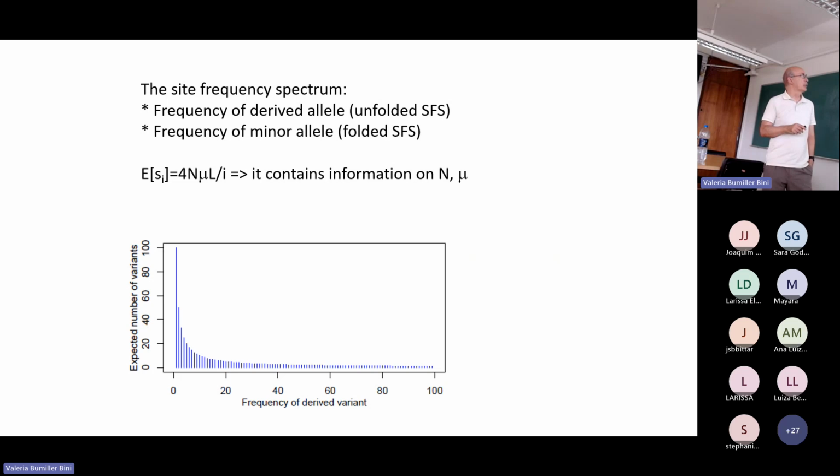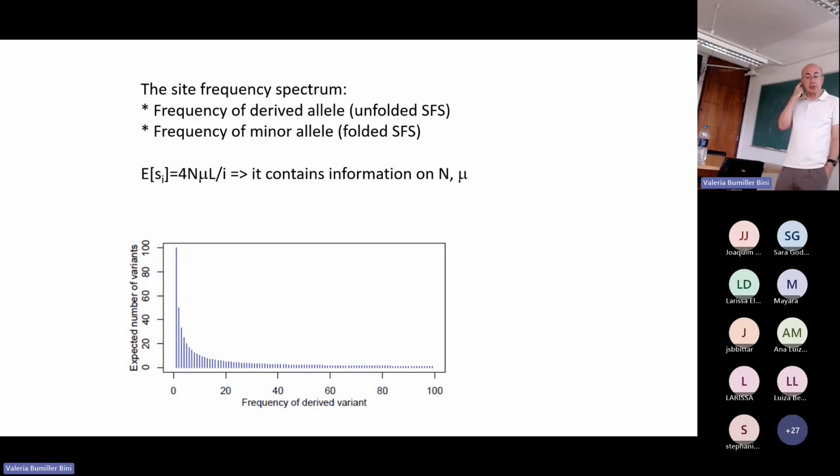There are two variants. Strictly speaking, if this is the derived variant, then it's the unfolded site frequency spectrum. It means that it can go from 0 to 100%. If we count only the minor allele, then it goes from 0 to 50%. Minor as in the less frequent allele.